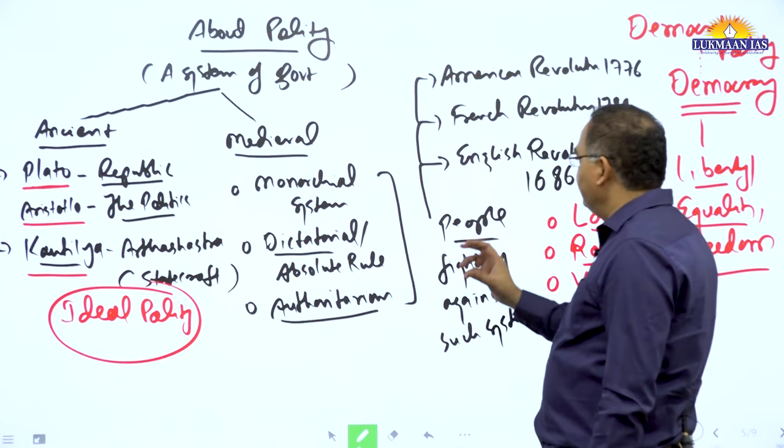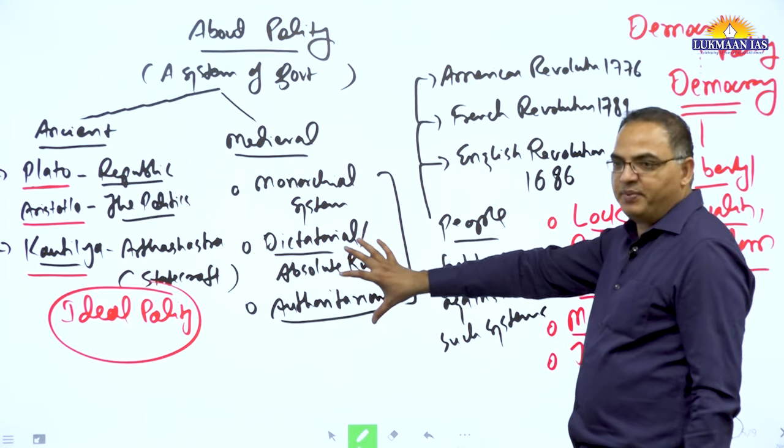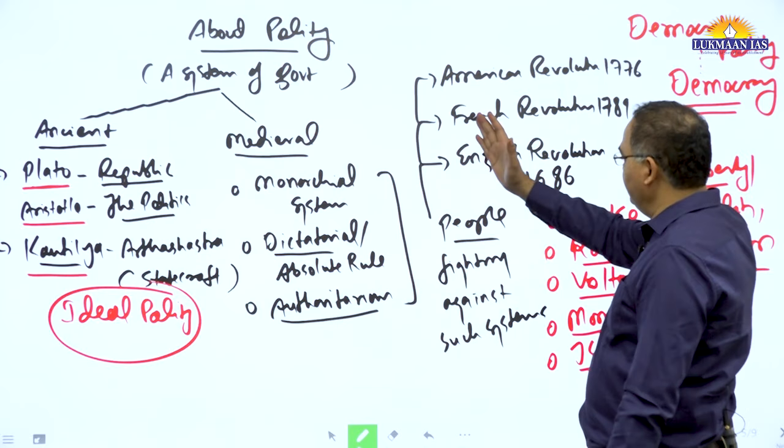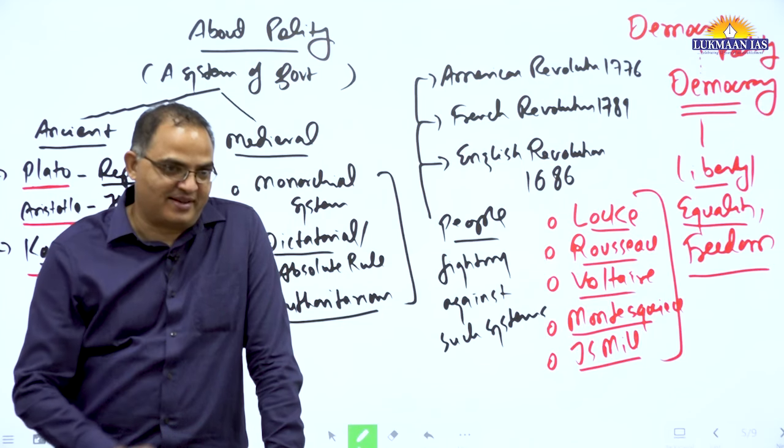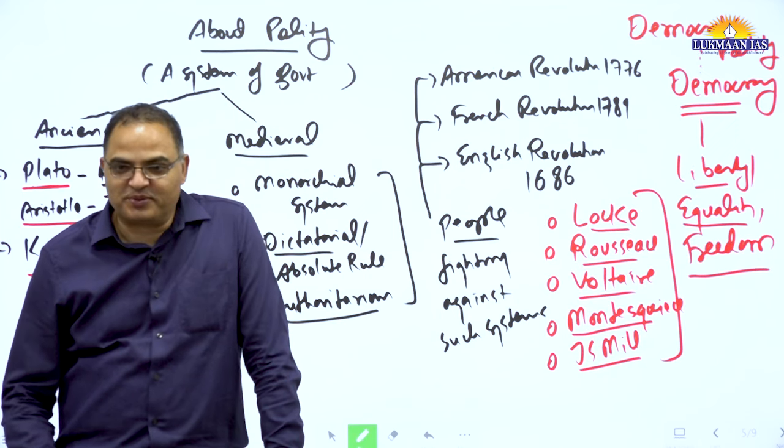But then these things happen already, you are aware. So this is how these people started fighting, and they have fought like anything. Whatever democratic polity you have today, people have given their lives for that. You should know that.